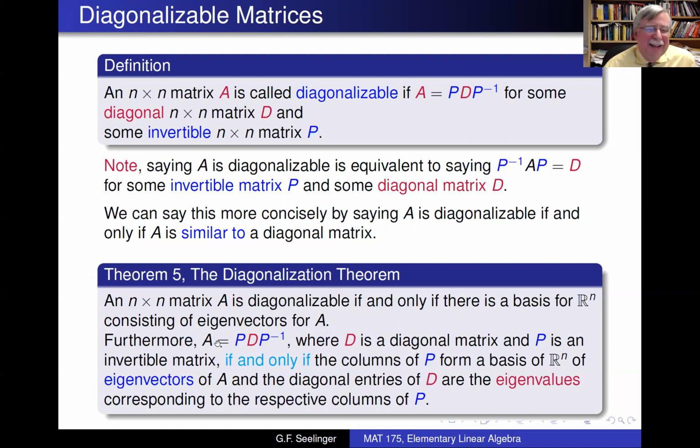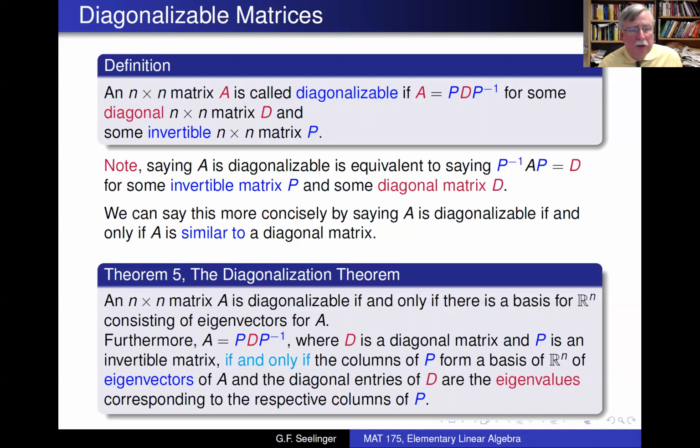So A is equal to P D P inverse if and only if the columns of P form a basis of Rn consisting of eigenvectors of A, and the entries of the diagonal matrix D are the eigenvalues corresponding to the respective columns of P. So that work that we did in the previous examples, finding a basis of eigenvectors, we can use in terms of this diagonalization.